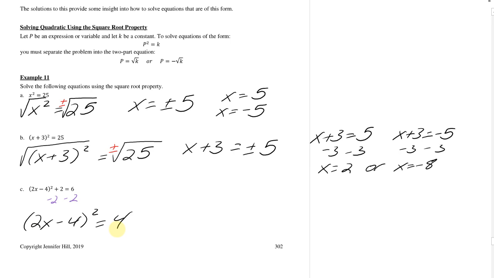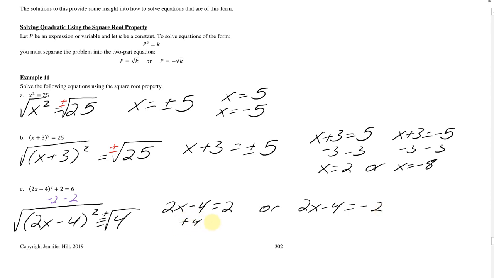Now I would recommend that you pause the video here and use the square root property. Hit play when you're ready. So I'll take the square root of each side, so this will be plus or minus. I have 2x minus 4 equals positive 2, square root of 4 is 2, sorry. Or the other case will be 2x minus 4 equals negative 2. Now let's solve each of those.